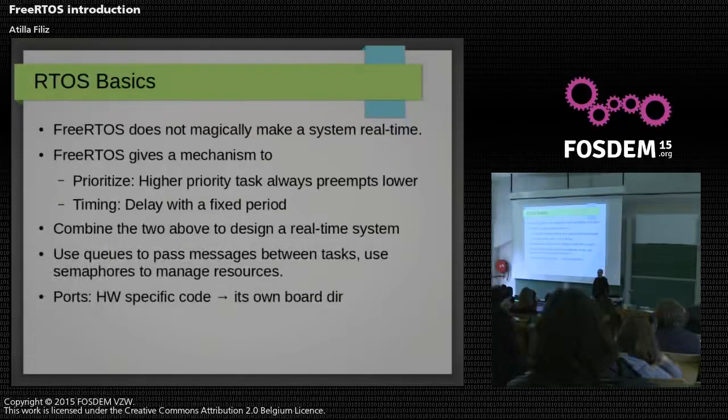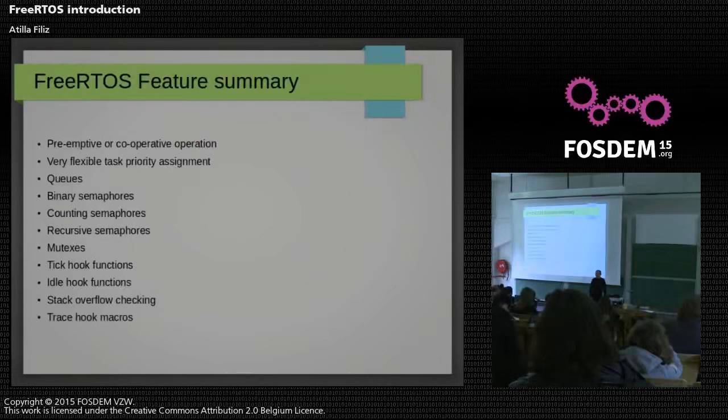A small note: this operating system has been ported to many pieces of hardware, many microcontrollers. Each port, hardware-specific file is a single C file, and it exists in its own directory. If I have time in the end, I'll show you that.